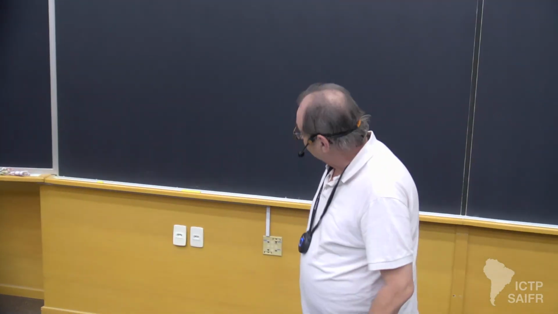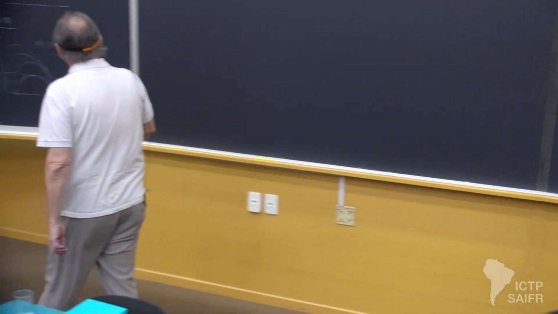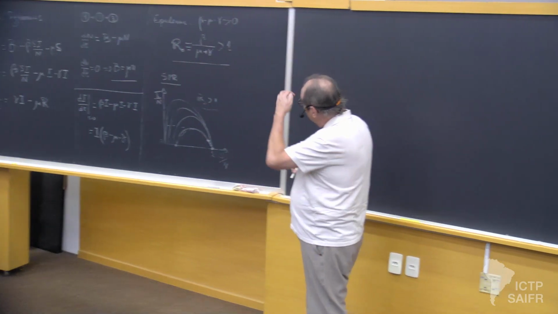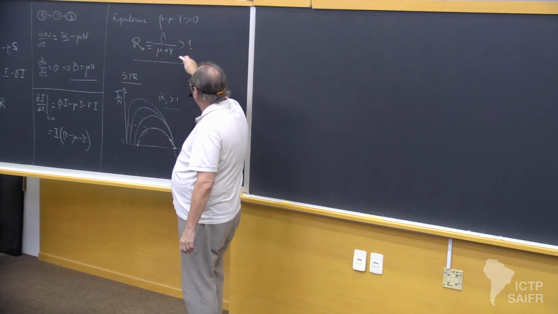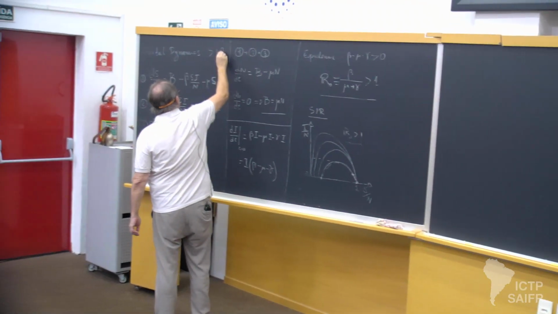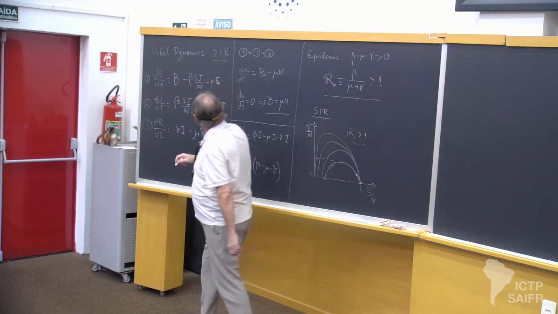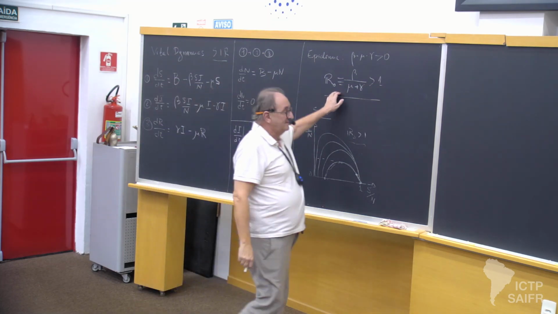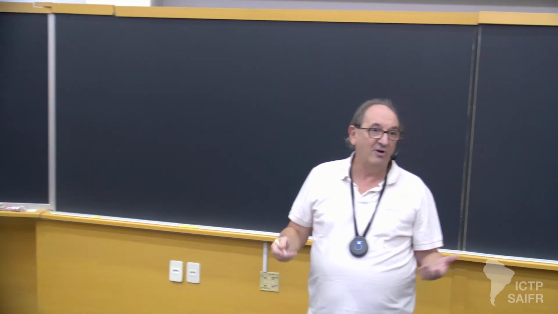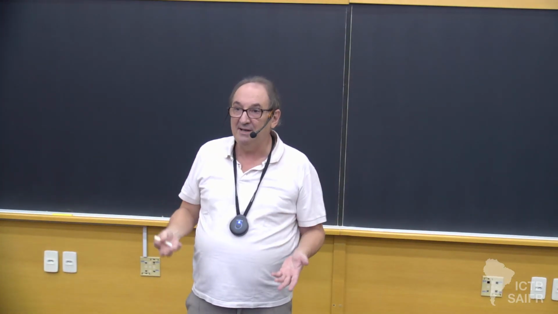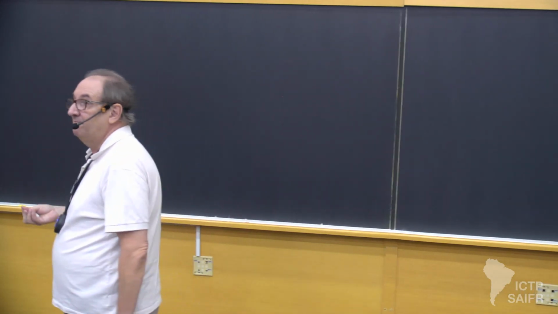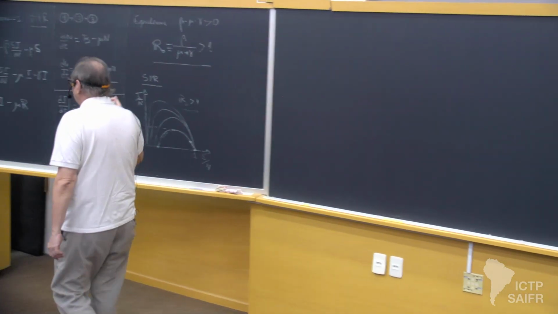Now, going back to our previous calculation, R0 for the SIR model with vital dynamics is this. And that's actually the condition for the stability of the disease-free system. Disease-free is when you have I equal to 0.